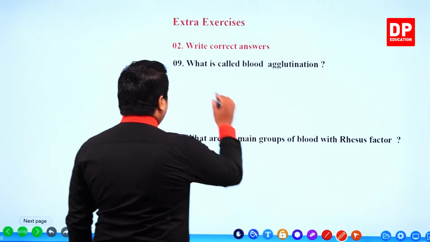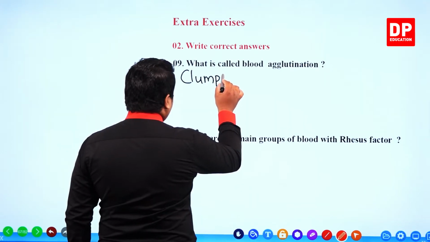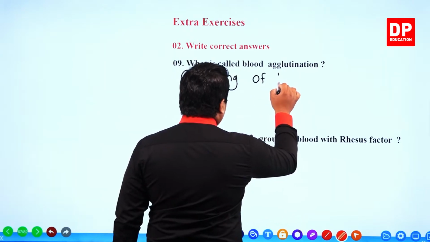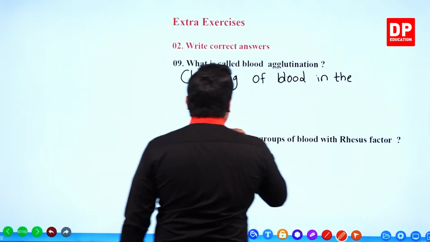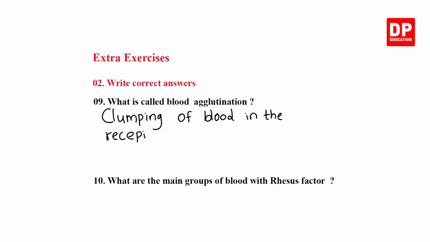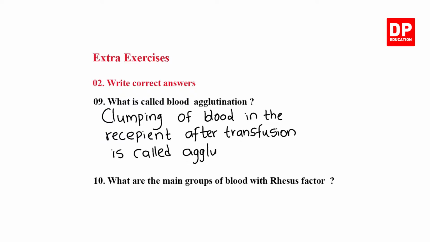So we can write the answer: clumping of blood in the recipient after transfusion is called agglutination, right?